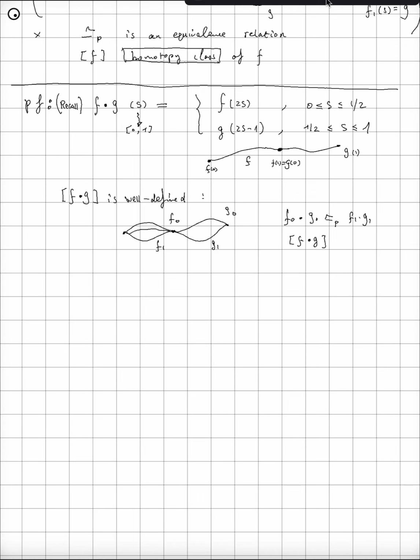Okay, so the way we do it is, by definition, there exist some continuous maps F_t(s) and G_t(s).